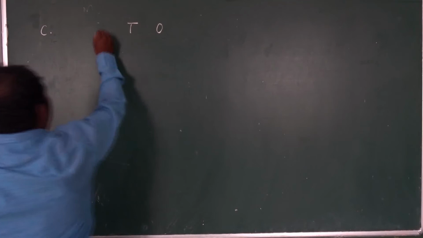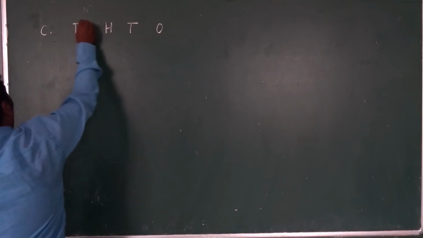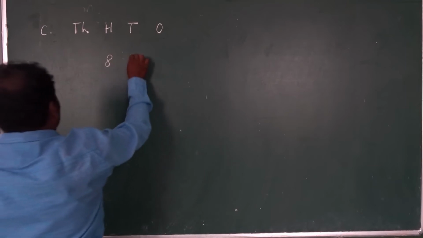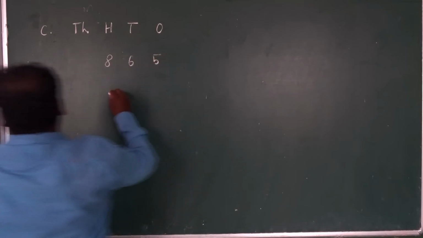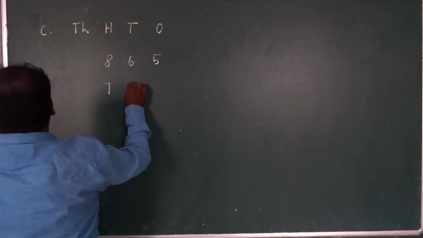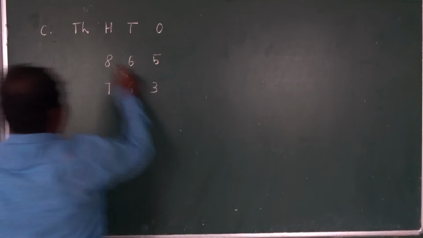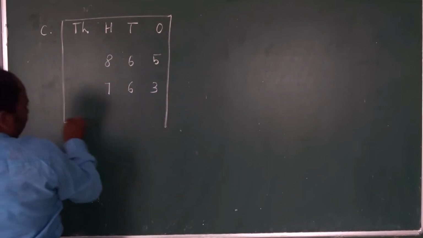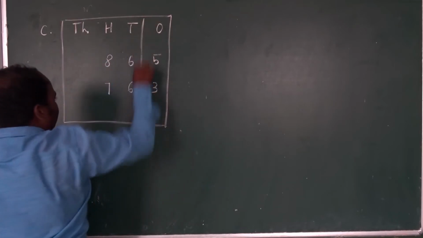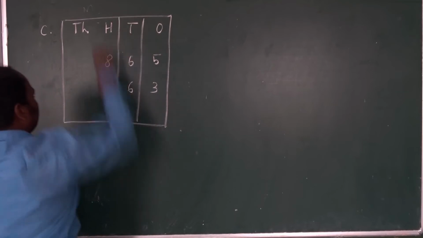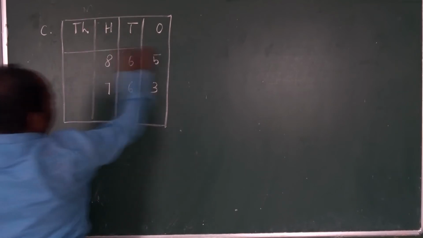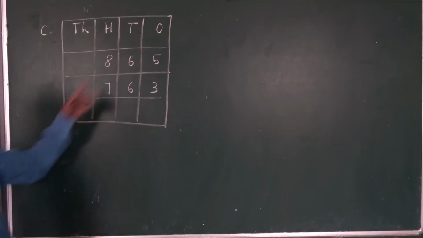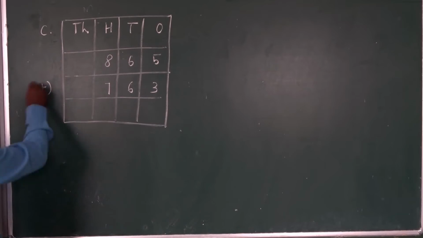Ones, tens, hundreds and thousands. 865 and 763. We add 2 3-digit numbers.